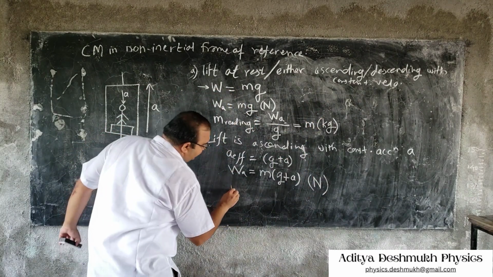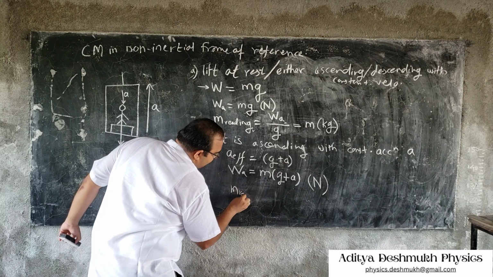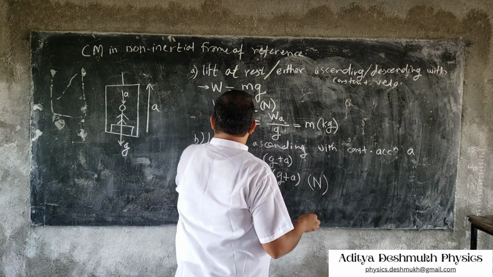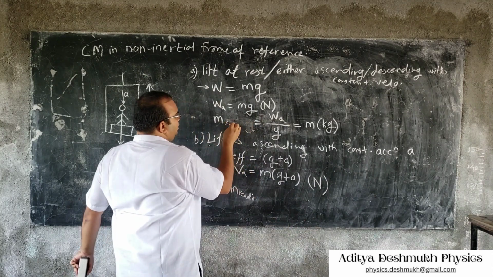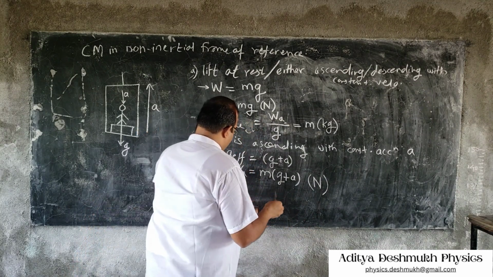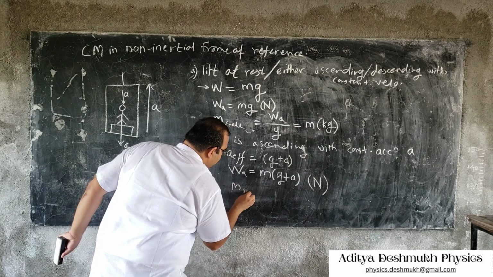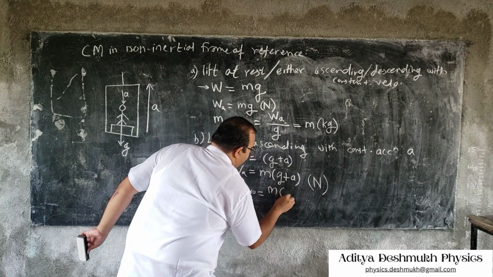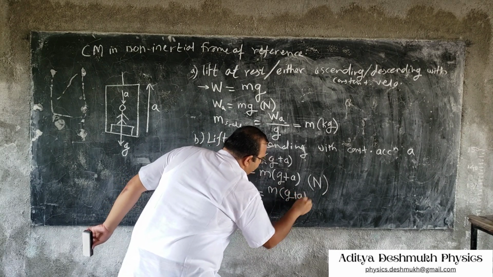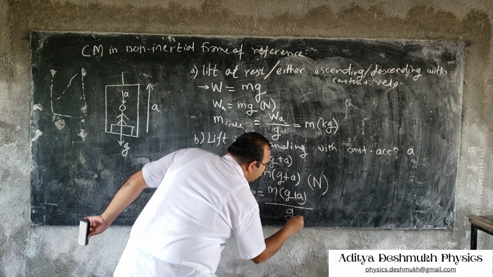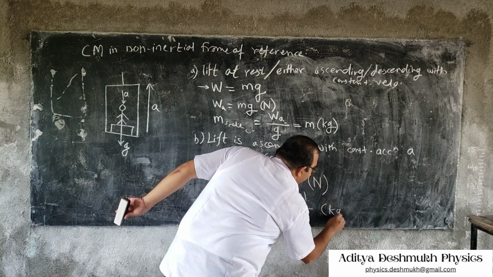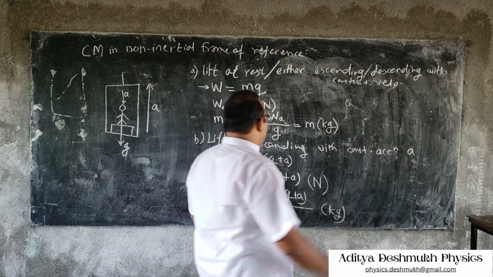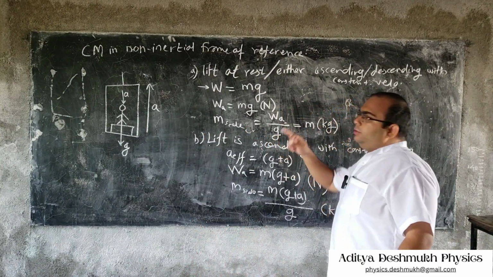What will be the reading shown on the scale? It will be m(g plus a)/g kg, because the weighing scale is programmed only to divide by g.